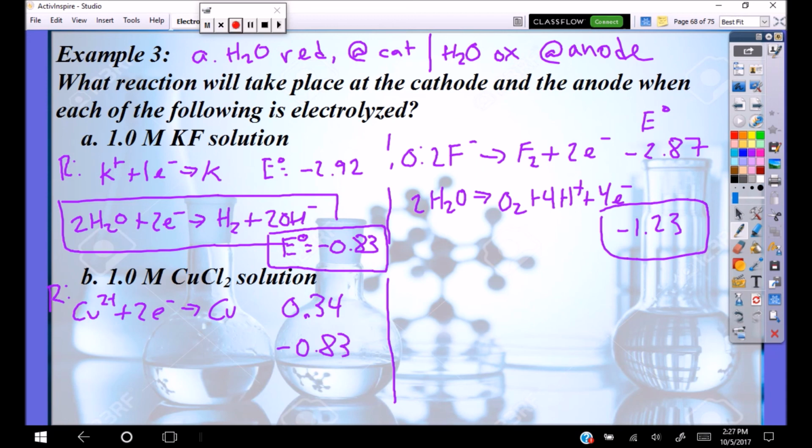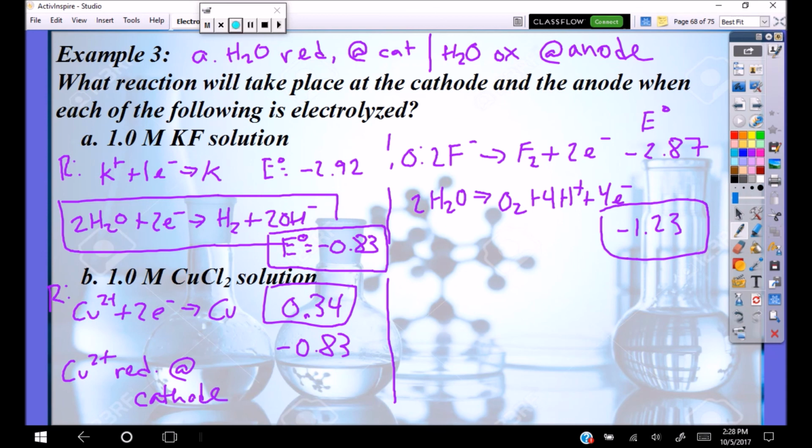I'm not going to write out the entire half reaction because that part stays the same. Ask yourself, which is more positive? Copper is more positive. So therefore, Cu2+ will be reduced at the cathode. So that part's easy, but now we need to figure out our anode.